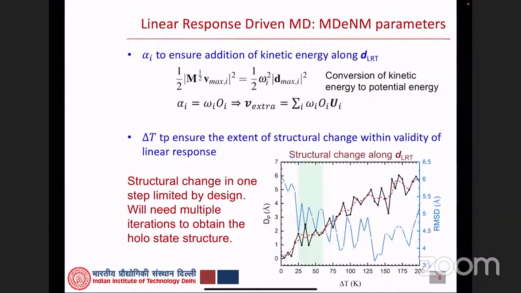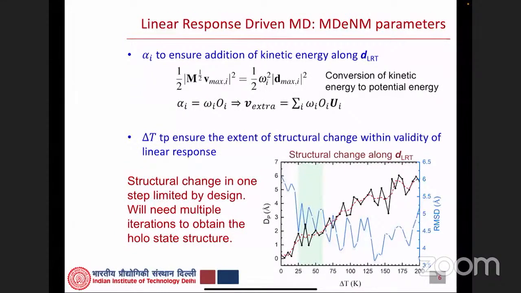For alpha i, I want to ensure that the addition of kinetic energy happens along the direction predicted by linear response theory. For that, we use a simple expression which shows the conversion of kinetic energy added to a mode into its displacement. If I add the same energy, the displacement would be different depending on the stiffness of the mode, and the stiffness is captured by the frequency of that particular mode, omega i.